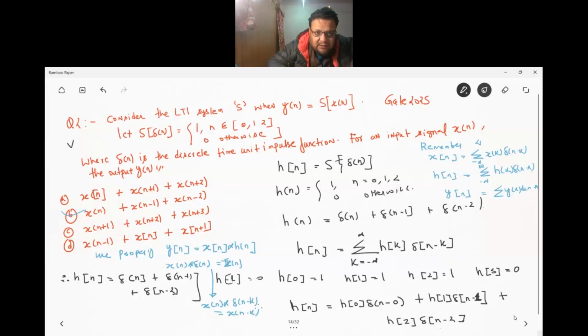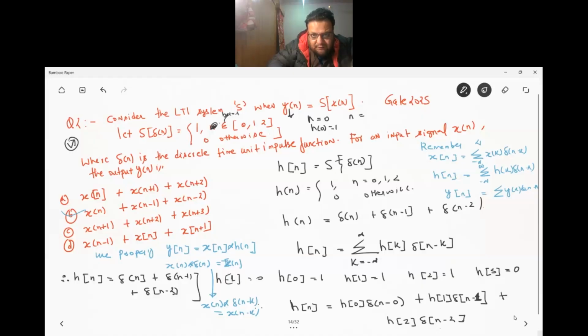Now one GATE problem has come over here. Consider the LTI system where the output is equal to S of x of n. Let delta of n be equal to 1, only 1. This means that when your n value is 0, h of 0 is 1.